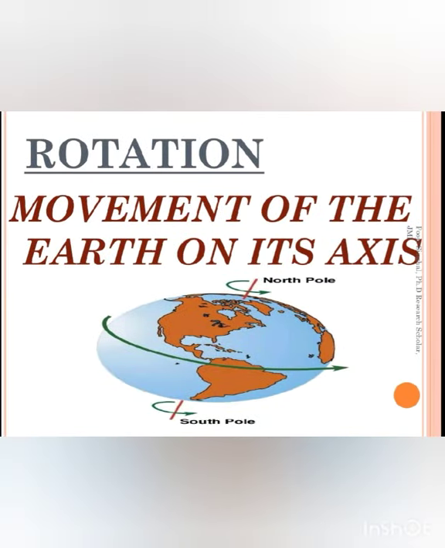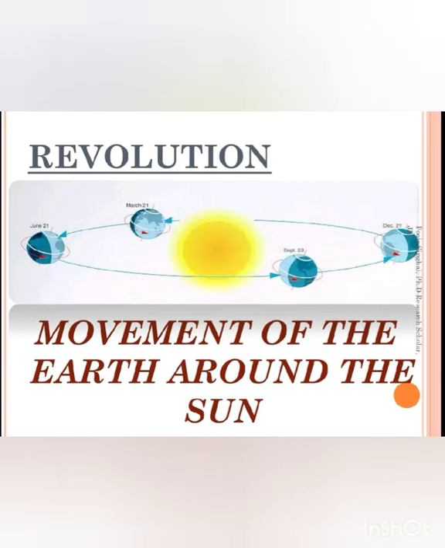Now here you can see the movement of the earth around the axis. Here the axis is tilted at the angle of 23 and a half, and here the earth is moving on its own axis. Now revolution, as I've told you earlier, is a movement of the earth around the sun around a fixed path, that is called orbit.